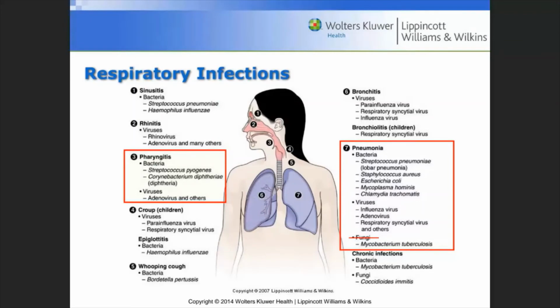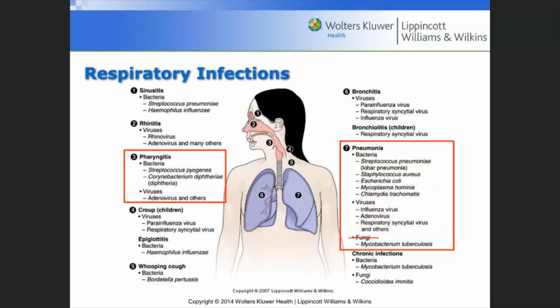Respiratory tract, if I failed to mention earlier, and at some point I must have mentioned it: the skin, the respiratory tract, the GI tract, and the urogenital tract all share in common a surface that is exposed to the outside environment.